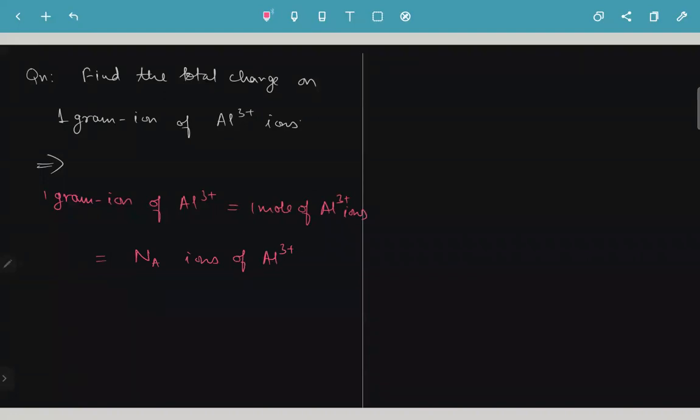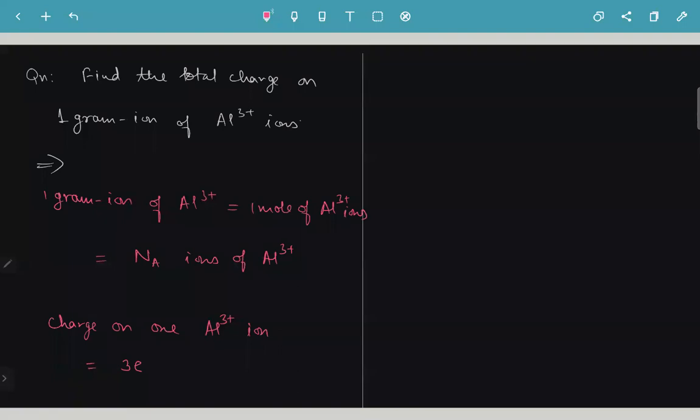What is the charge on 1 Al3+ ion? The magnitude of charge will be equal to 3e, where e is the magnitude of charge on 1 electron. Plus 1 charge is equivalent to the charge on 1 electron, 1e. Plus 2 charge is 2e. Plus 3 charge is 3e.